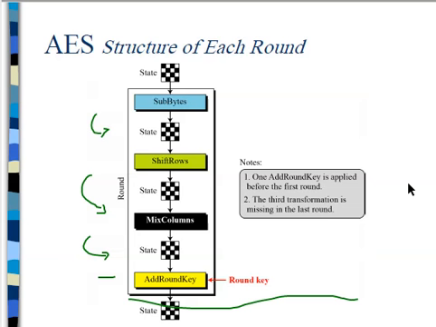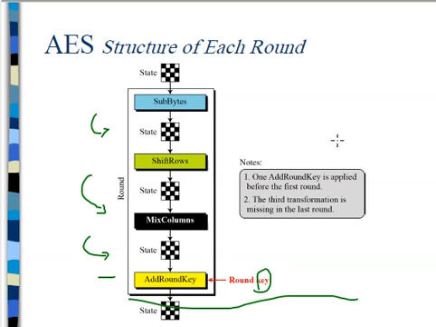It is clear that for each round we have a round key. In fact, we need a new subkey for each round, which means that our keys are not applied many times.